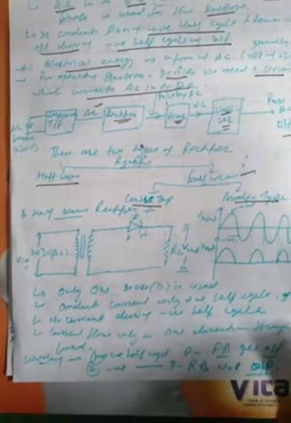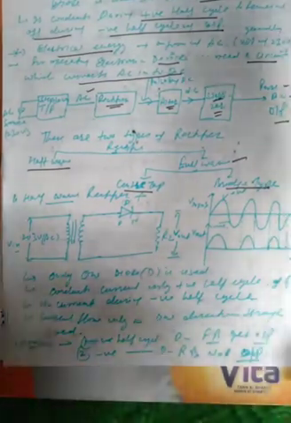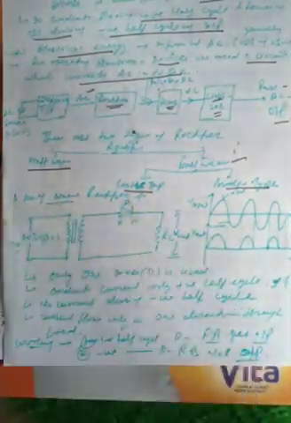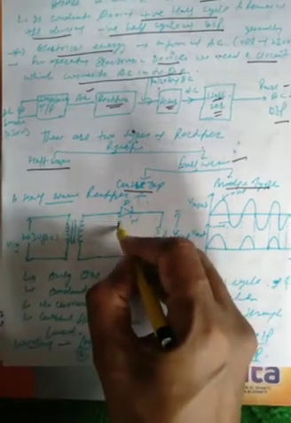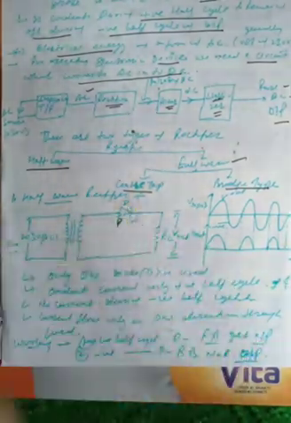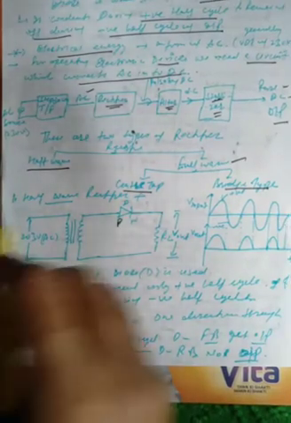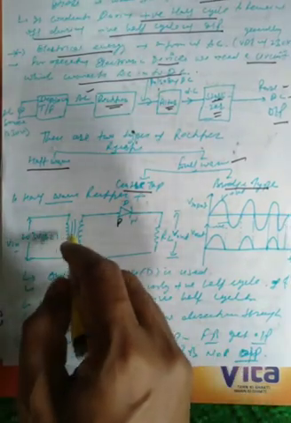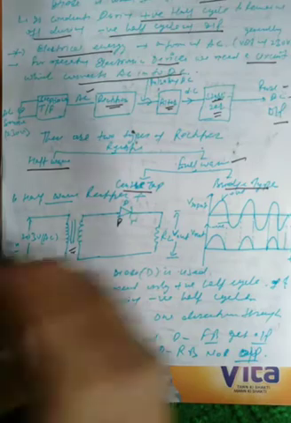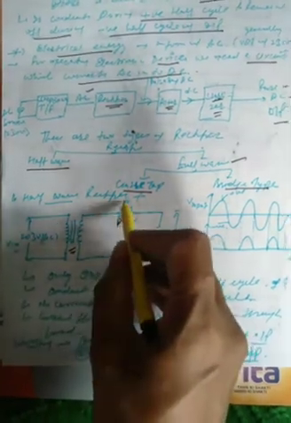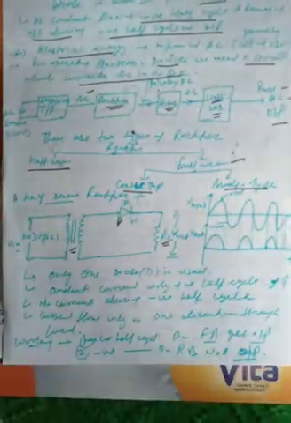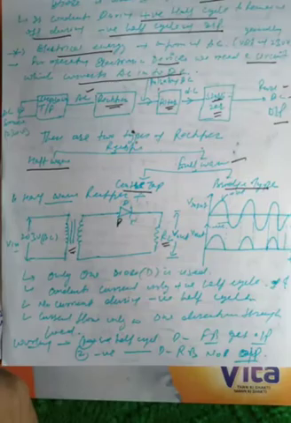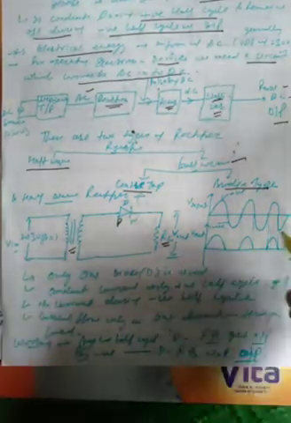In the half wave rectifier there is only a single diode used in the circuit. You can see here a single diode is used. We supply the AC voltage, then there is a step down transformer, and then we use the diode which will convert this AC into DC, and RL is the output load where we get the output voltage.